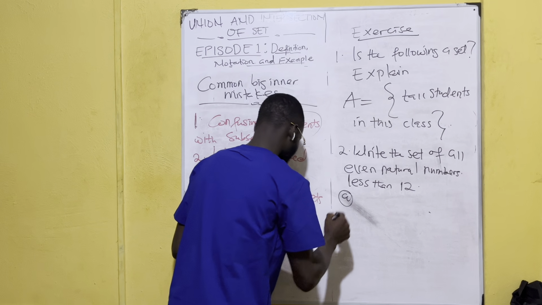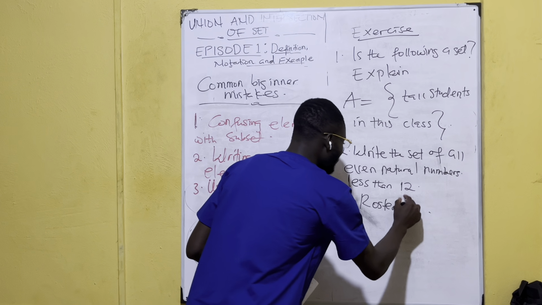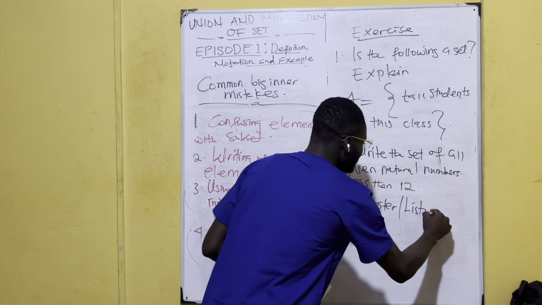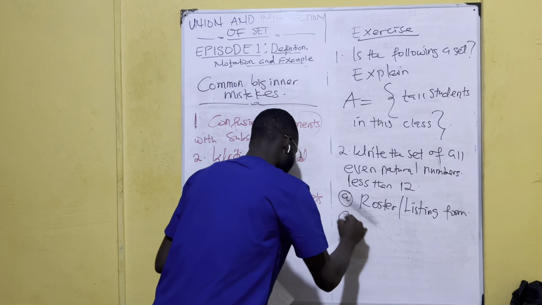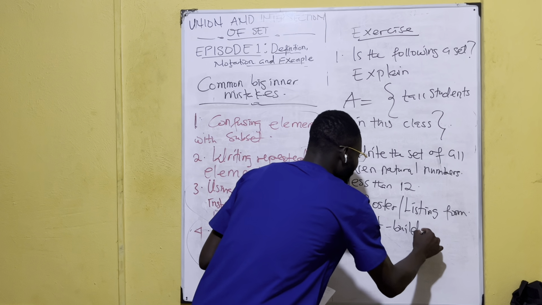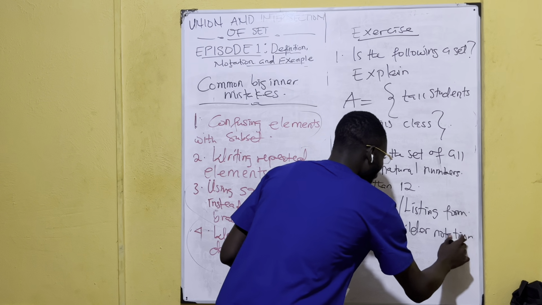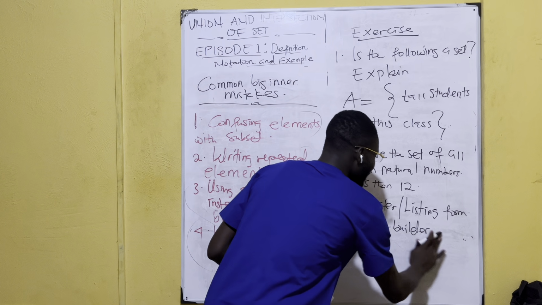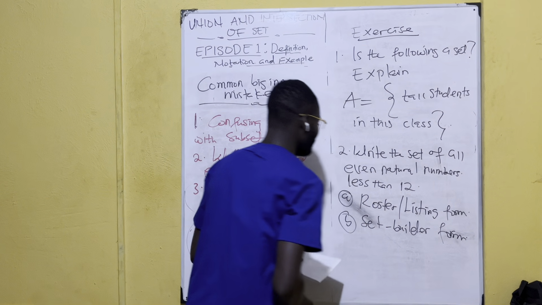A, in the roster form or the listing form, right? B, in the set builder notation or the set builder form.